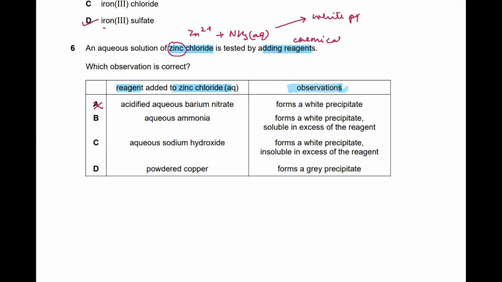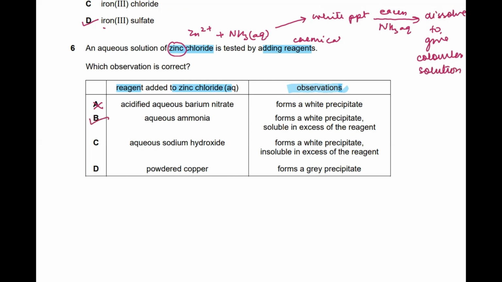And when you add excess of aqueous ammonia, this white PPT dissolves, giving you a colorless solution. That's an identification test for the zinc ions. So B is a correct option, right?